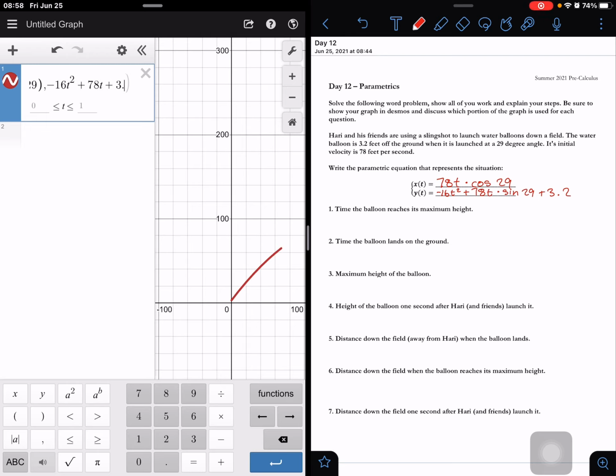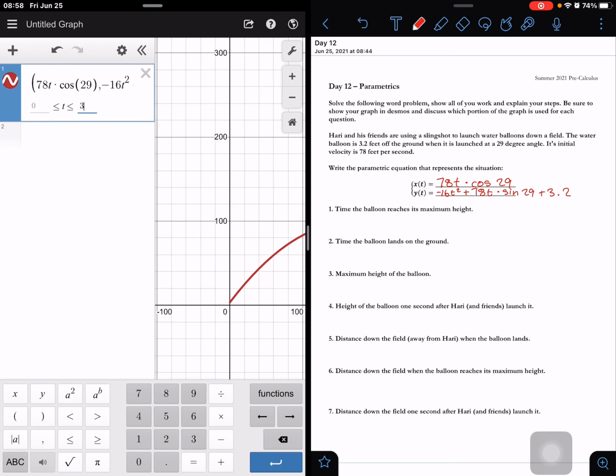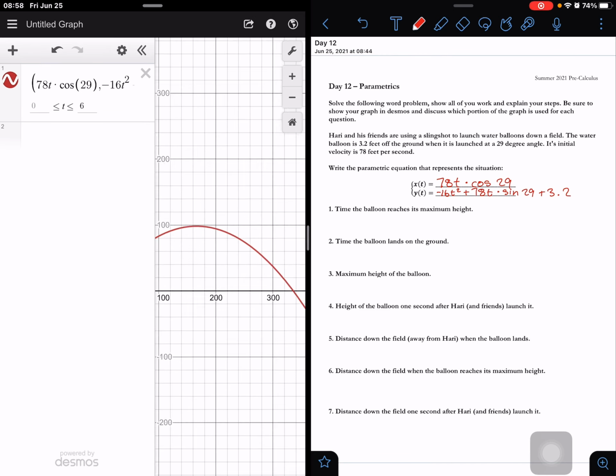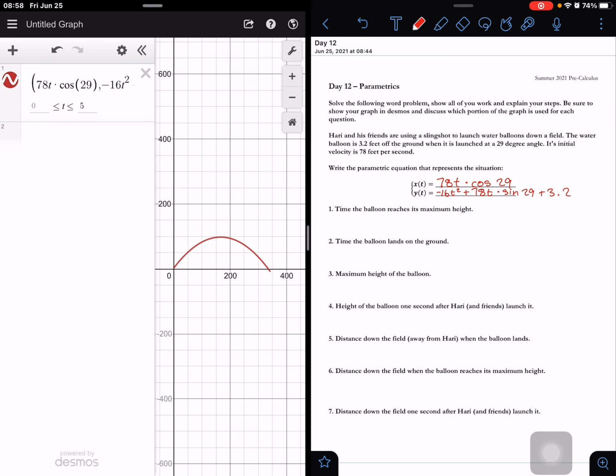Not 32, 3.2. And then let's make the window something that covers the entire thing. Okay, that's good.